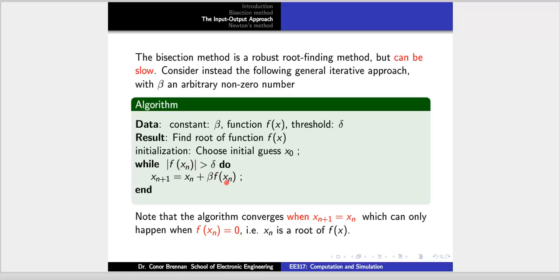If f of xn gets closer and closer to 0, this term will get very, very small, and we'll find xn plus 1 gets very close to xn, because this update will be very small. So it will converge when xn plus 1 is equal to the previous estimate, so it's no longer updating, the updates are minimal. And that can only happen provided this term is equal to 0, in other words, xn is a root.